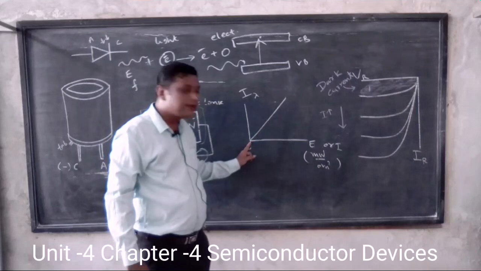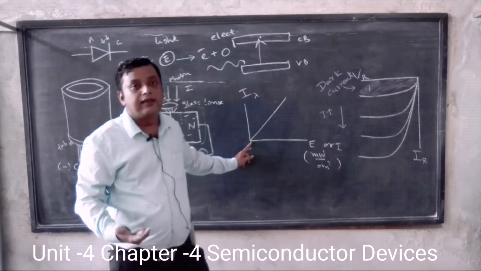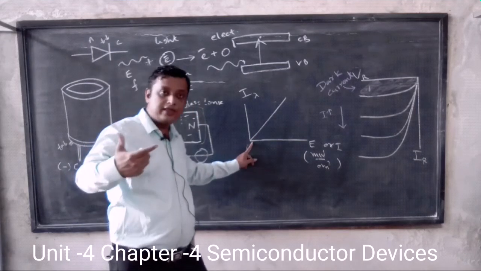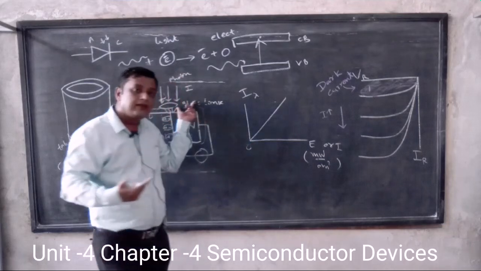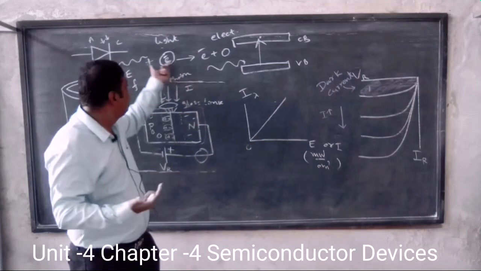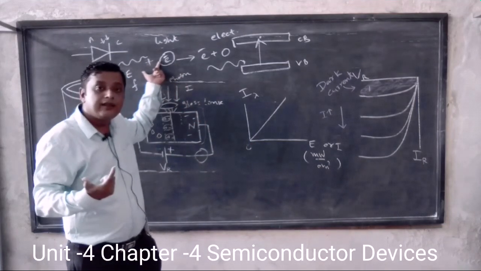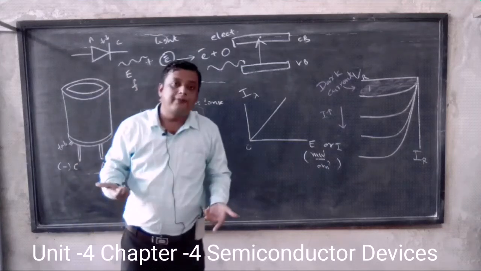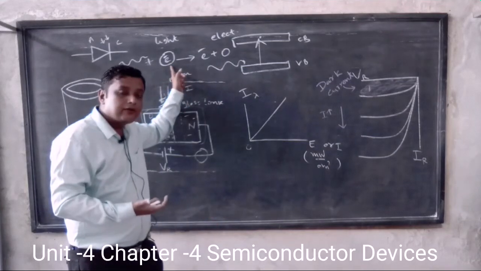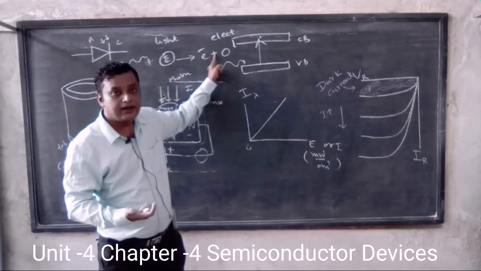This zero means theoretically, if no light is falling onto the photodiode, then there will be no conversion of valence electron to conduction electron.